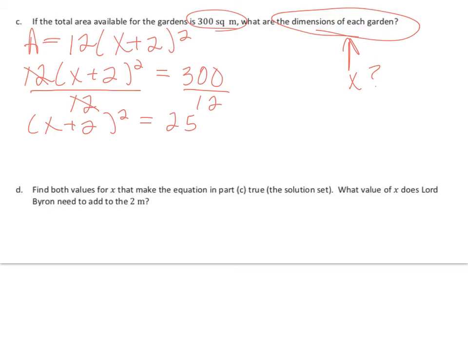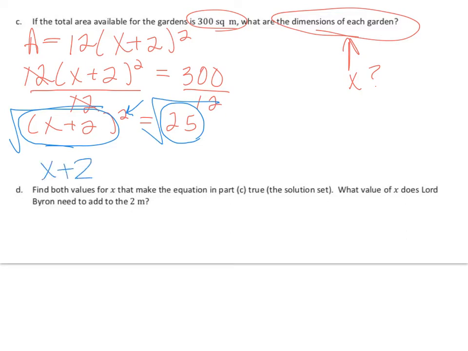When I look at this problem, I see that this number here is a perfect square, and this expression right here is a perfect square, because that's there. So I can actually take the square root of both sides and get x plus 2 equals plus or minus 5, right?